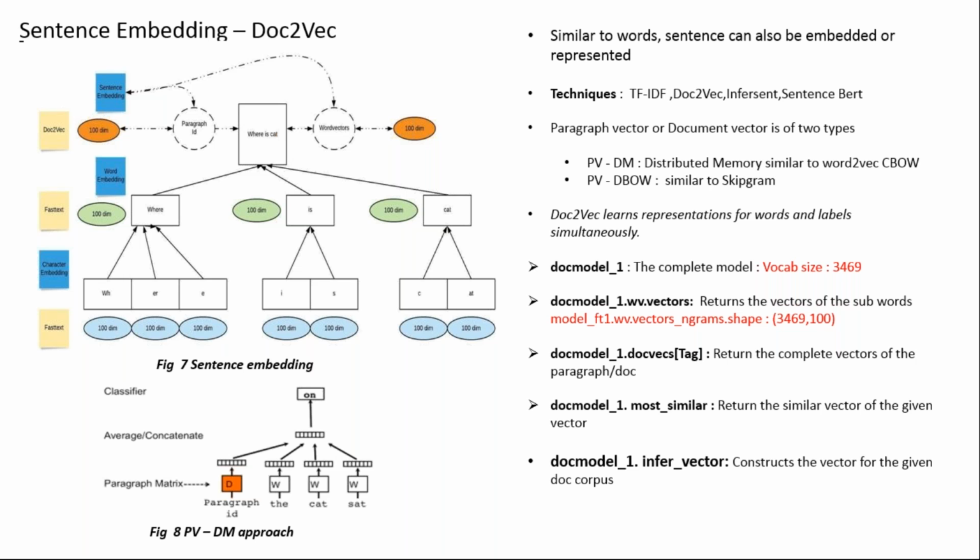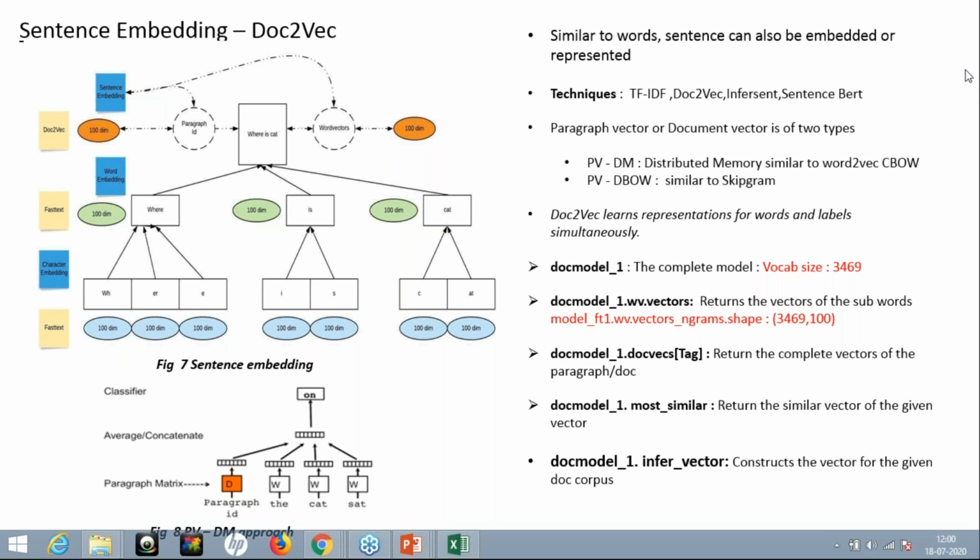In addition to that, we are also giving as an input a unique paragraph ID, which is a representation of those sentences. That comes in the form of a tagged document, which is fed as an input to doc2vec. So Vivek, if you can go to my program again.